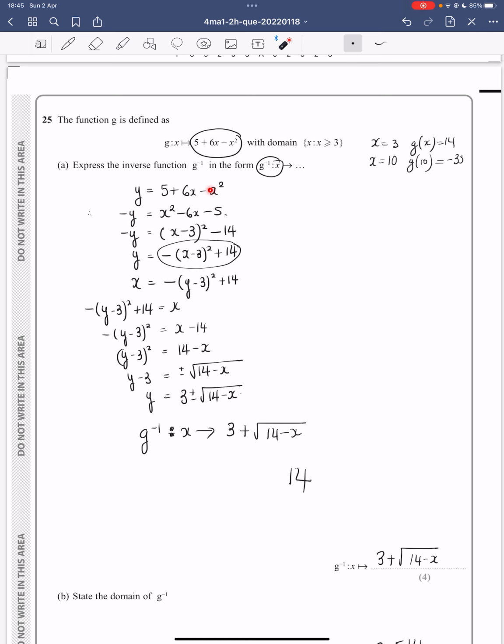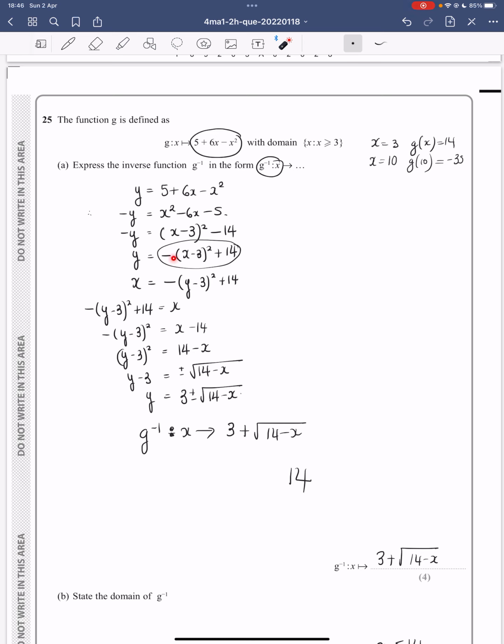So minus y is plus x squared minus 6x minus 5. Minus y, completing the square, this is going to be x minus 3 squared. That's going to give us x squared minus 6x. But it also gives us plus 9, but we want minus 5, so we've got to take away 14. Then I multiply back again by minus 1.